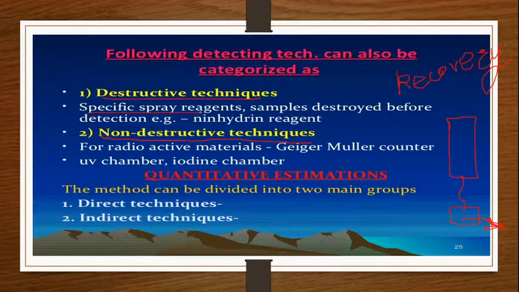Now, specific spray reagents: samples are destroyed before the detection. Most of the chemical or specific techniques, the spraying techniques, are classified as destructive techniques. Remember this: destructive and specific techniques carry out the destruction of the sample which you are going to analyze, more specifically a chemical destruction.